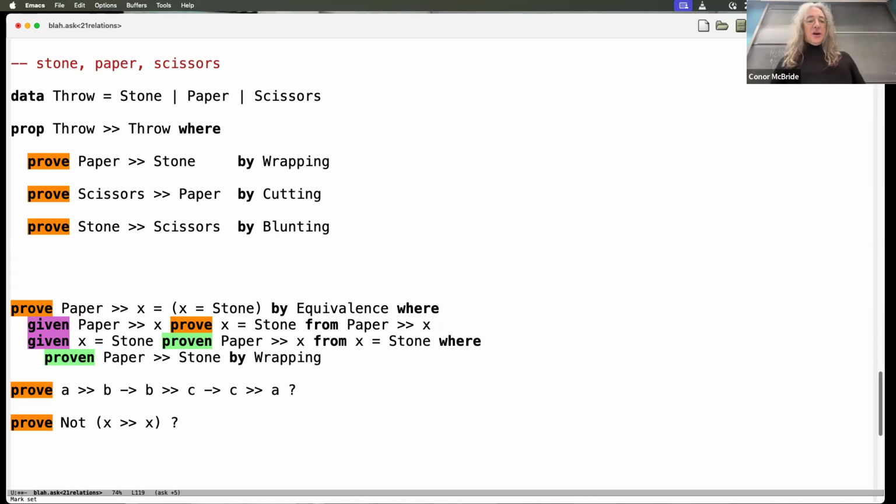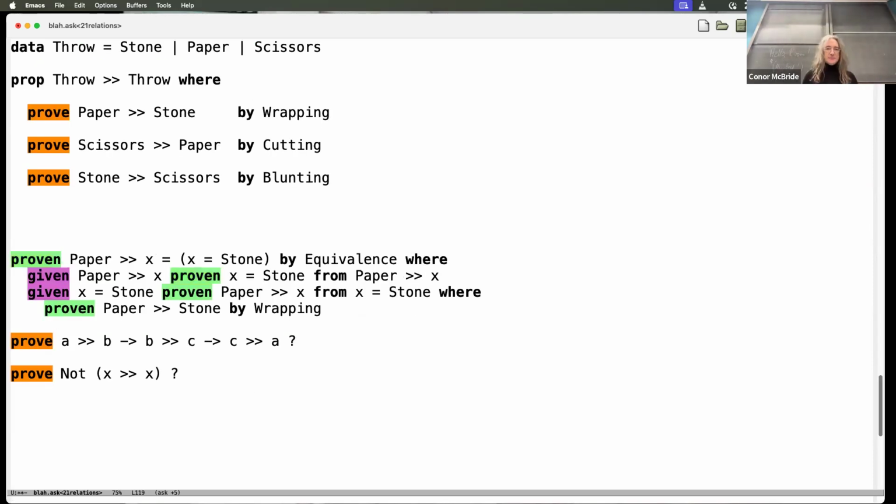So I say from paper beats X. And that actually does it. It's a bit too subtle, actually, because what it figures out is that it can't have been cutting, it can't have been blunting, it must have been wrapping. So X must have been stone. Job done.